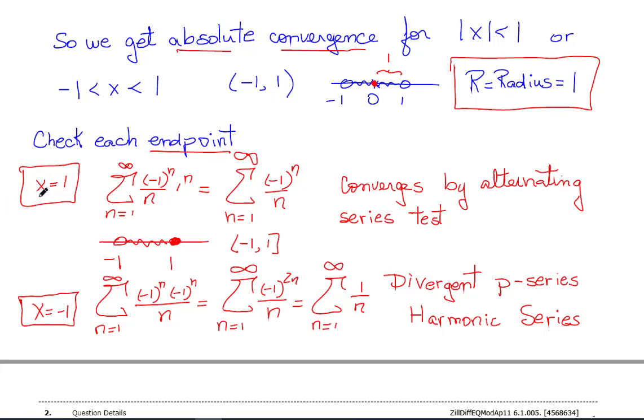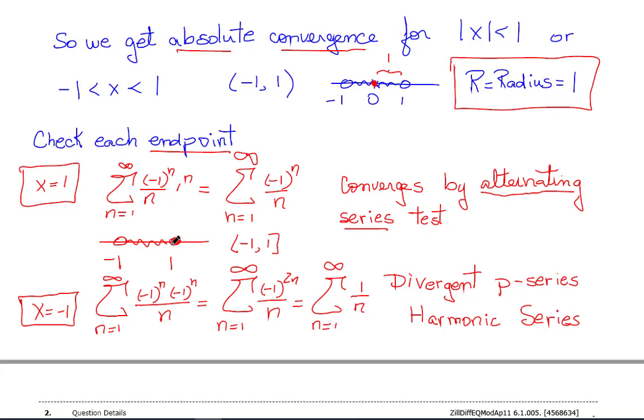So, what if x is 1, the right endpoint? So if I plug in 1 to the n, well, 1 to the n is just 1, so I get nothing. And so I've got this series. This is an alternating series because of the minus 1 to the n. And by the alternating series test, then this series does converge.